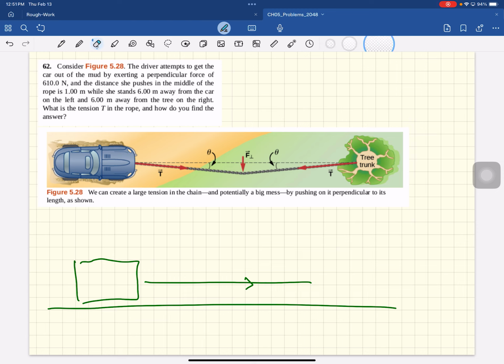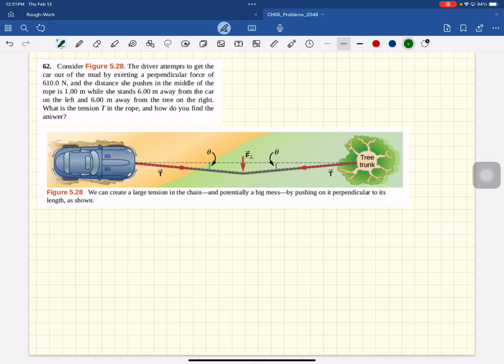Of course, you have to have certain things. Okay, so here is a way to do it. Tie the chain to the car and the other end to a tree trunk or some immovable object, maybe a heavy truck. And then push on the chain like that.